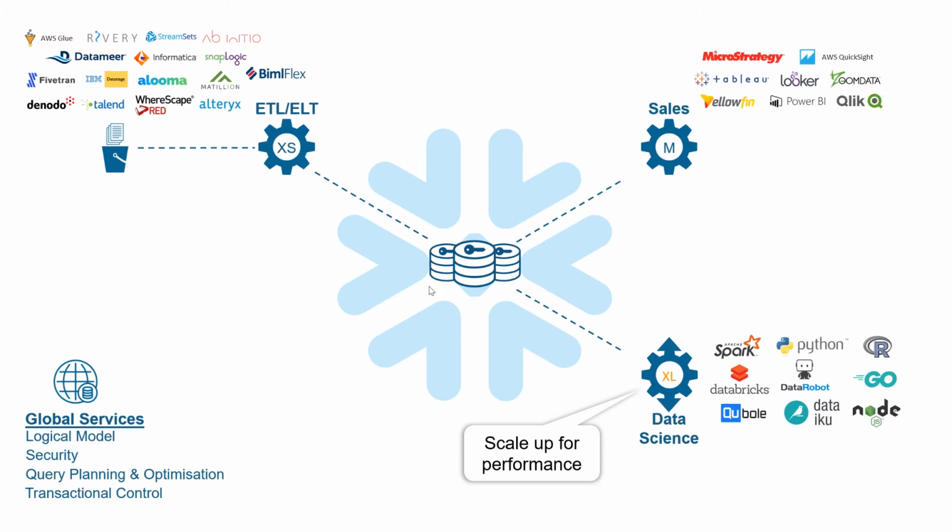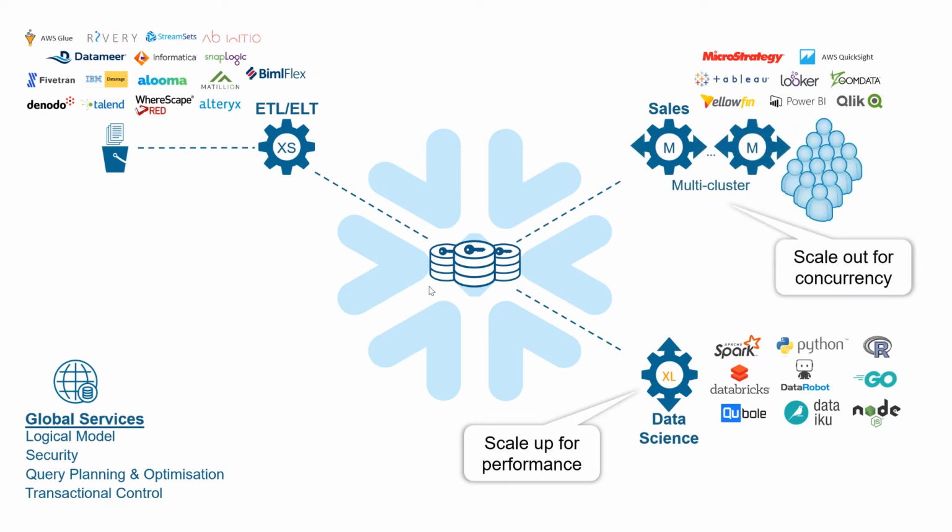At the same time, you may expect that over time the number of users consuming the data from Snowflake will increase. And you will, of course, suffer from unexpected peaks like Black Fridays. So to deal with them, you can use the power of scaling out for concurrency.